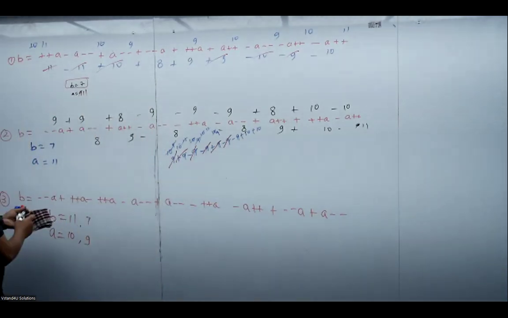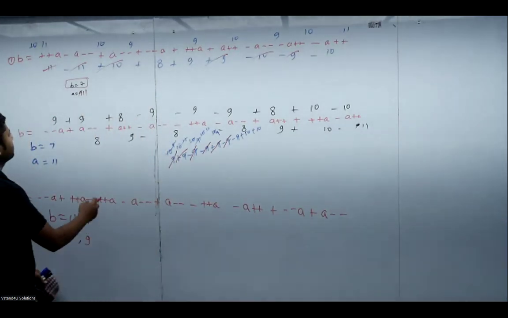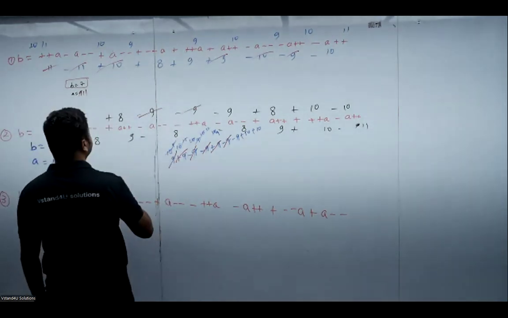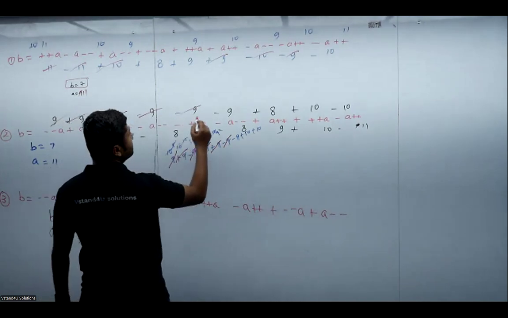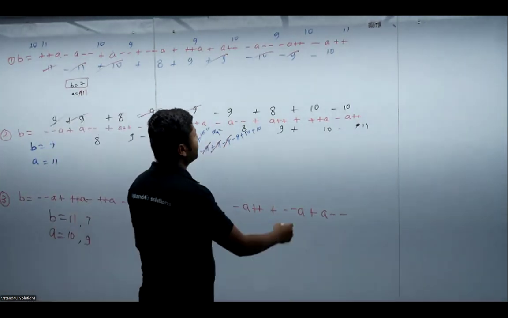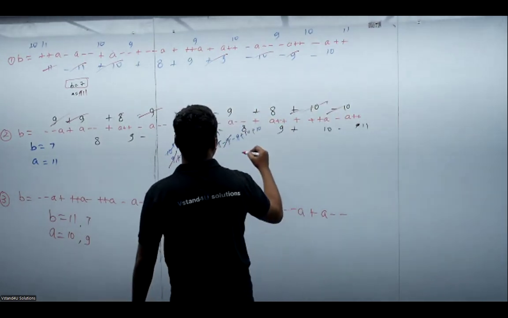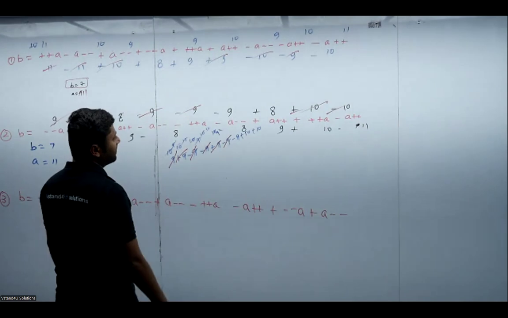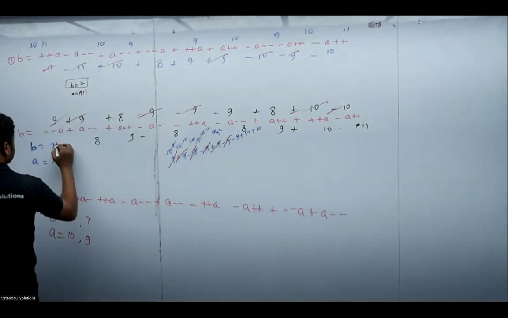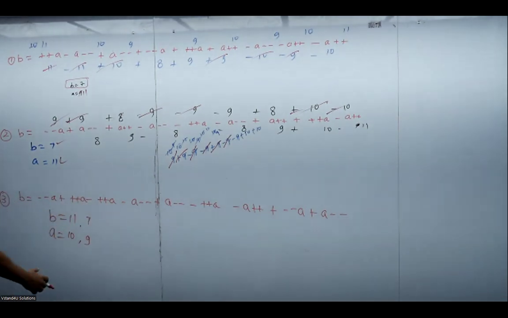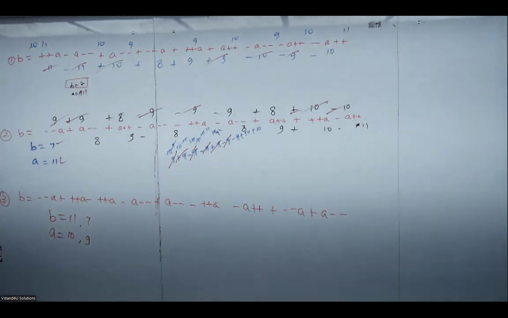Okay, plus minus gone, plus minus gone. Plus minus 10 is gone. That's all. 16 minus 9, that is 7, and yes, 11. This is correct answer.